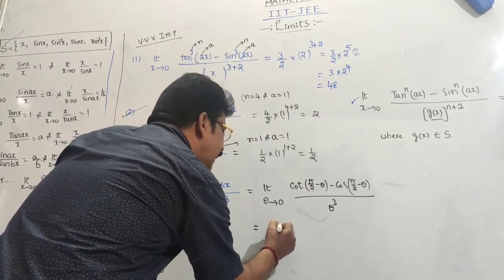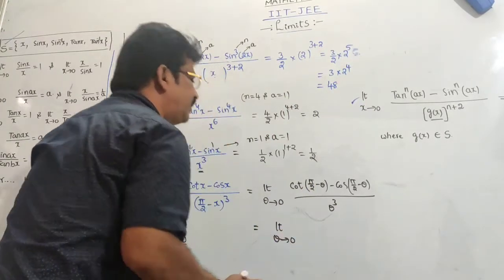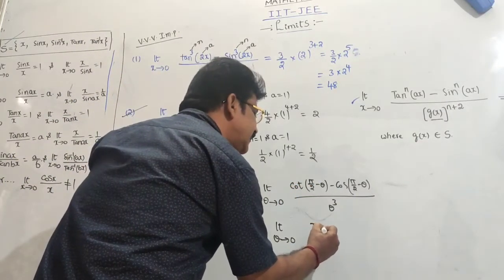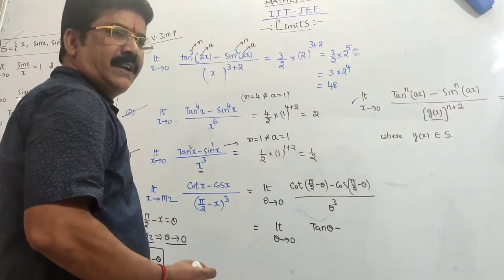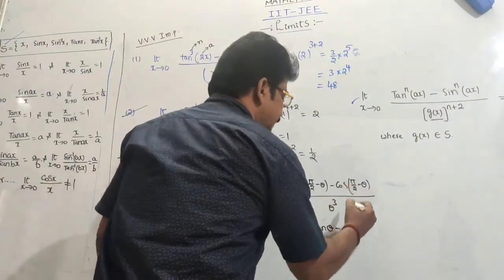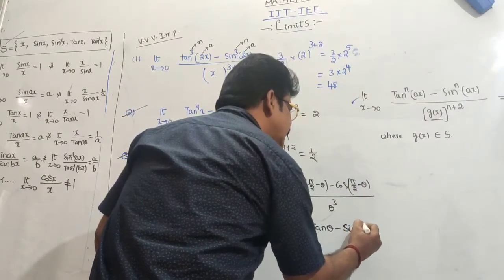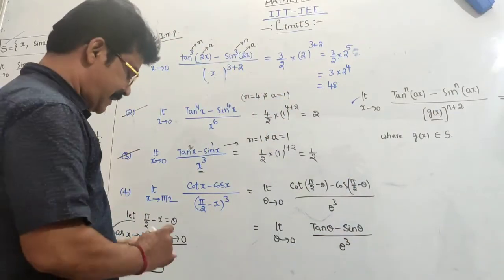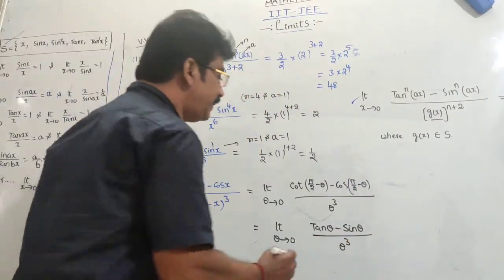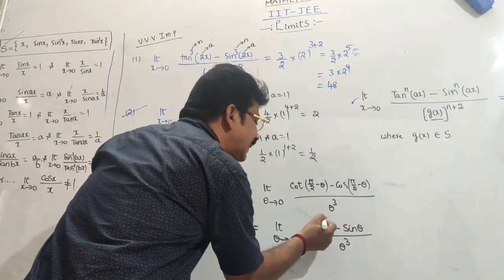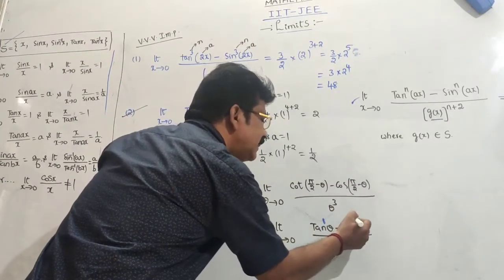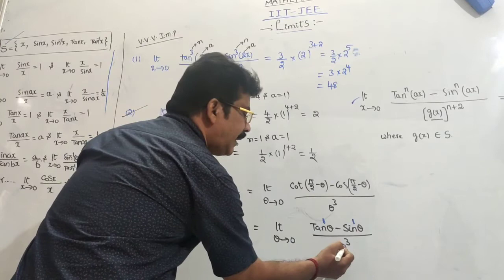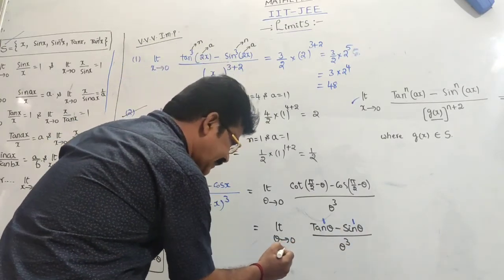So that is equal to the limit as theta tends to 0 of cot of 90 minus theta, which is tan theta, minus cos of 90 minus theta, which is sin theta, whole divided by theta cubed. It is again in the form of tan to the power of n, sin to the power of n, into theta cubed.